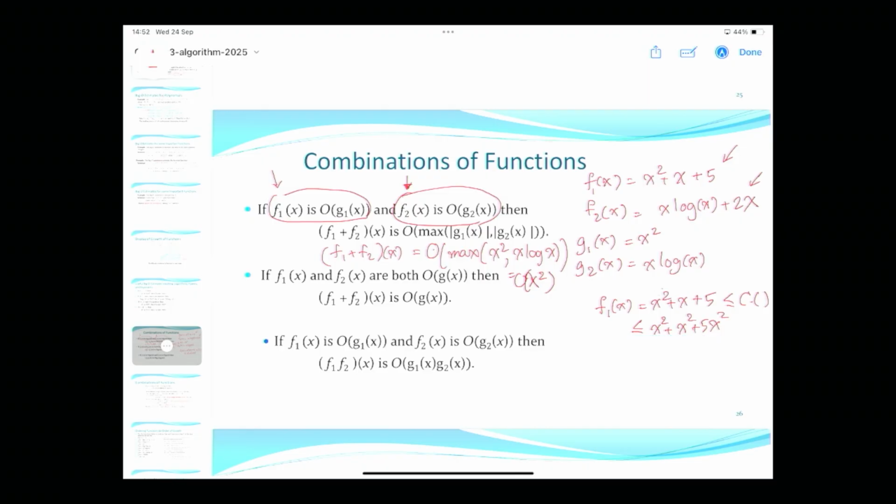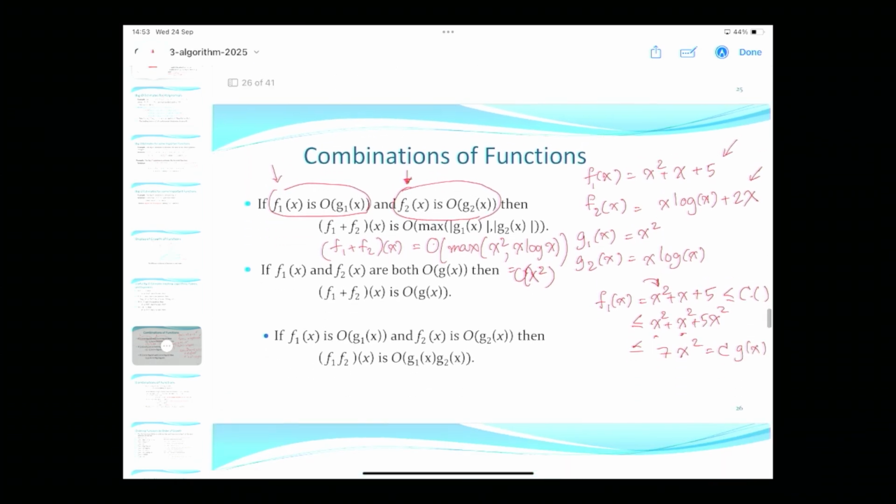Consider the largest term, focus on that one, and then approximate the remaining terms with the same form, like x squared times a constant. So this is like a constant c, it could be 7x here. So c is there, and g(x) is x squared.